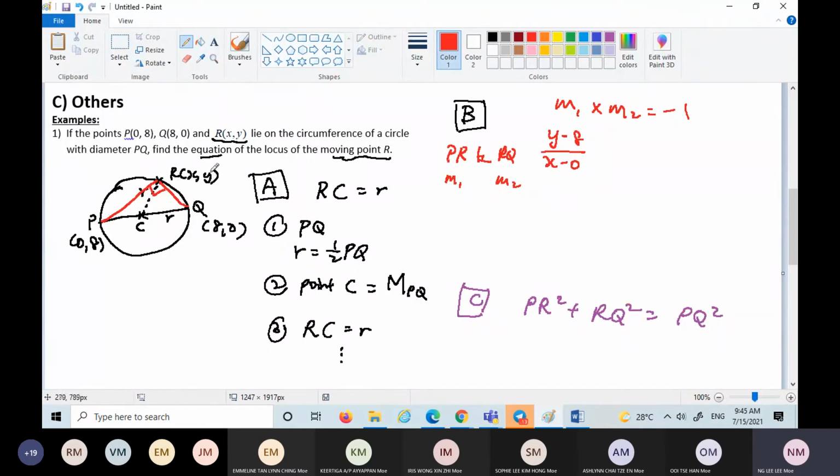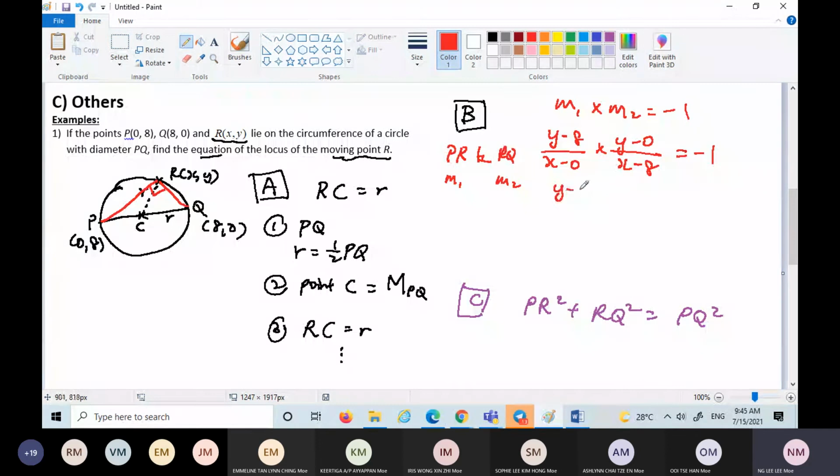So y2 is this, y1 is this. So y minus 8 over x minus 0 for my m1. Then for the m2, I refer to this point and this point. So y minus 0 over x minus 8, equals -1.